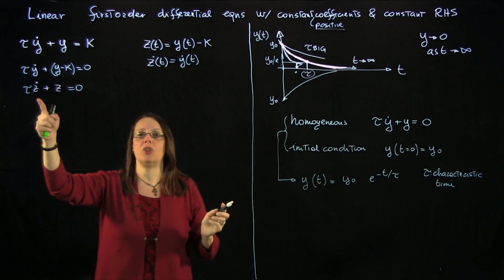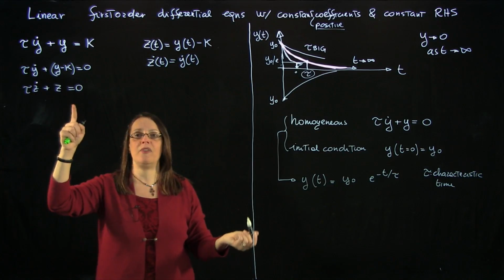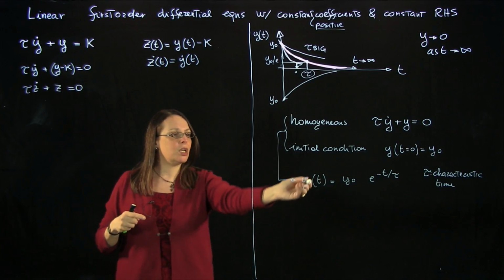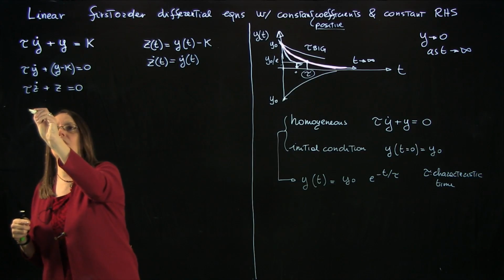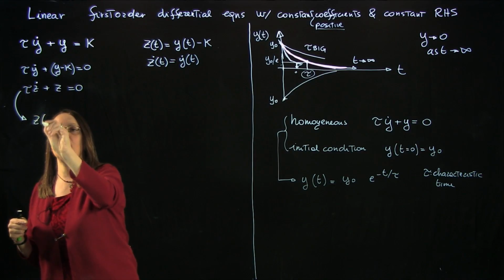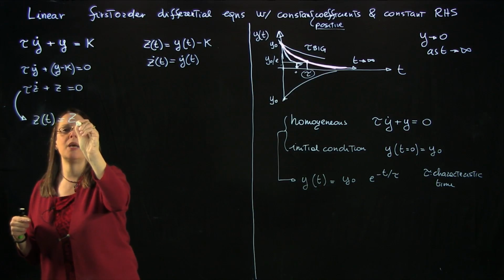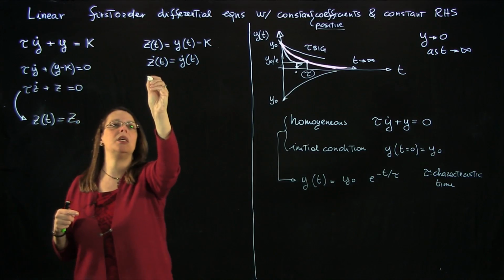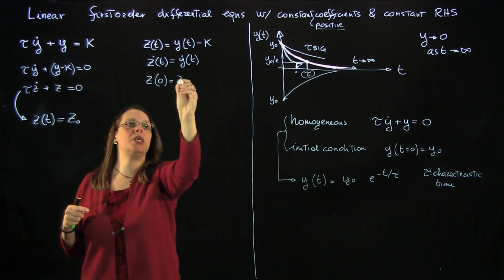So for an equation like this, I already know the solution. I know that the function z of time is going to have a function like that. So my z of time is going to be equal to the value of the function at time equals 0, so z of 0 equal to z0.